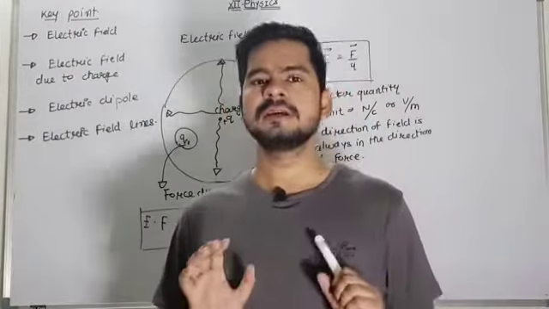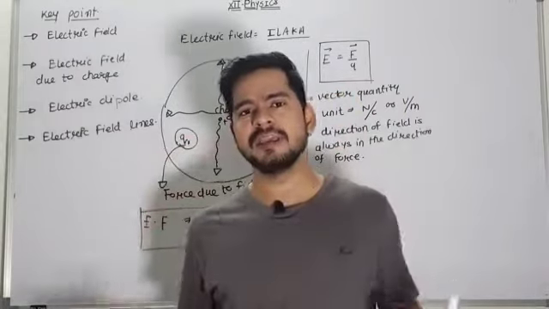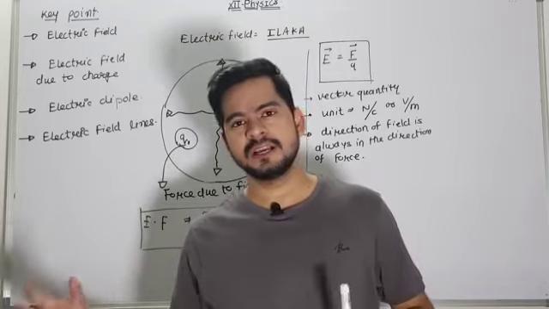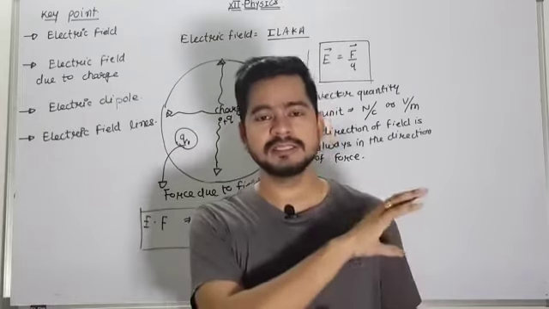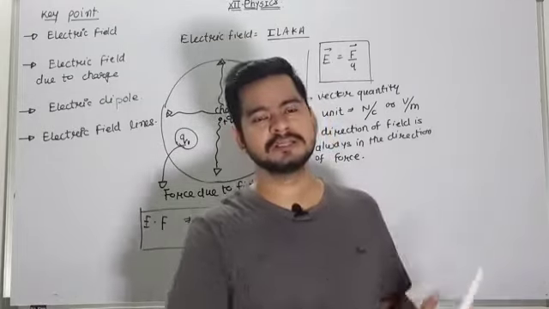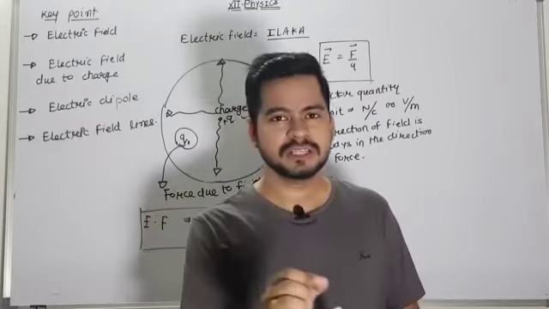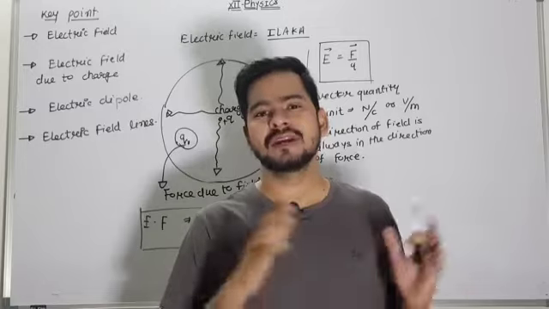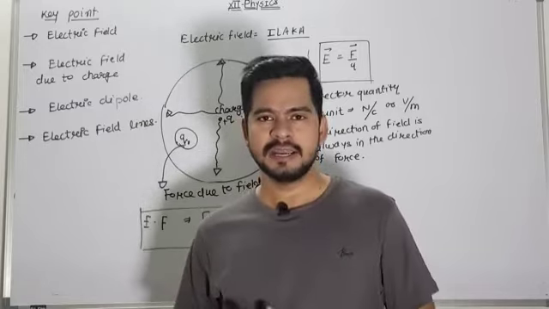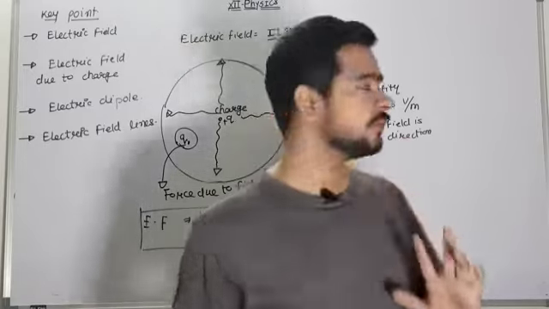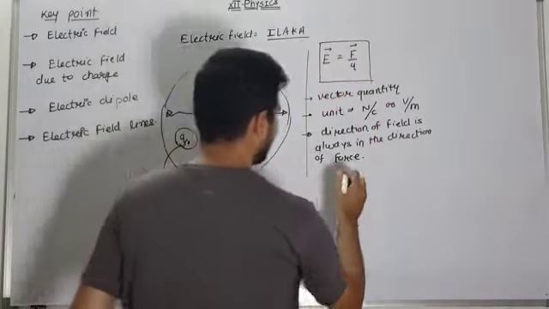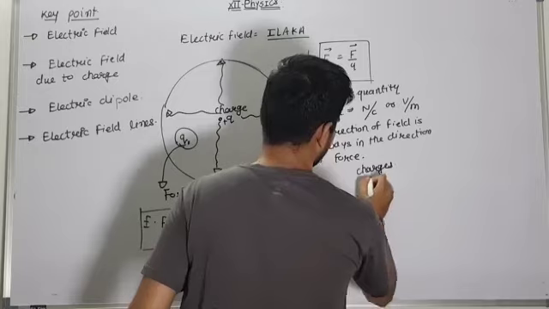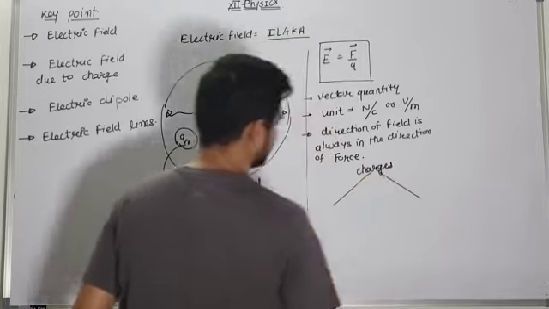I repeat, electric field means a type of area, a type of region that is created by a charge, and whenever another charge comes into that region created by the previous charge, then the coming charge will experience a force on it, and that force is exerted by some kind of field, and that field is called electric field. But in the story of electric field there are two types of charge.